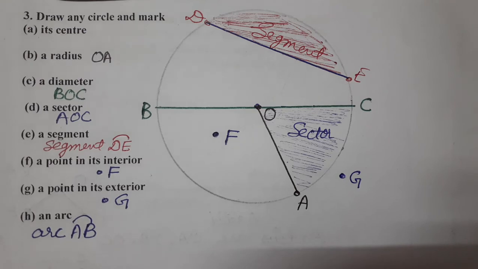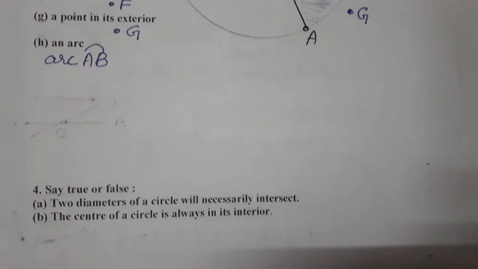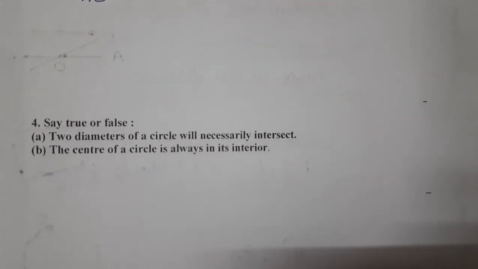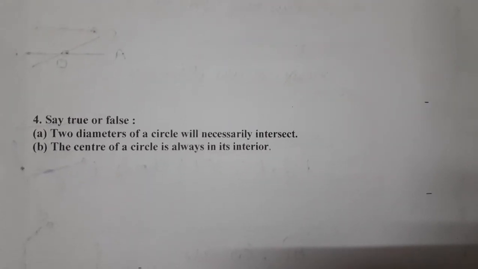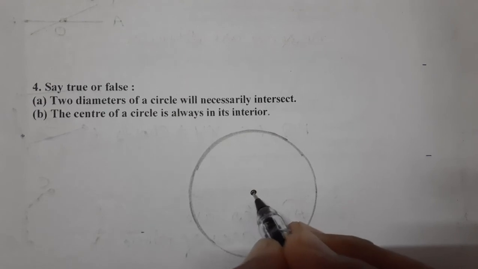Now let's turn to the last question. Say true or false. Two diameters of a circle will necessarily intersect. So let's make a circle. See, this is the circle I have made.